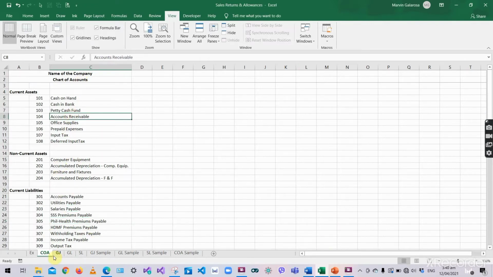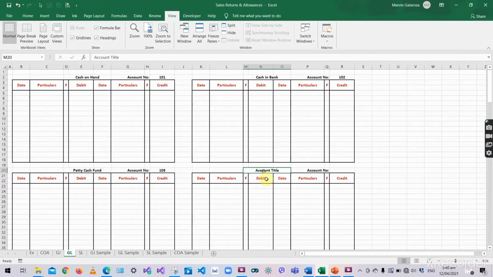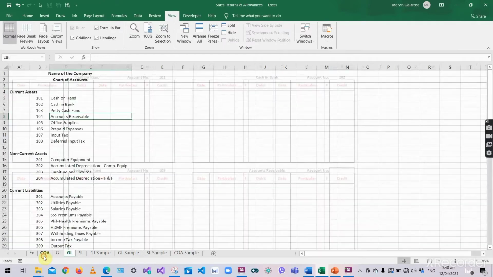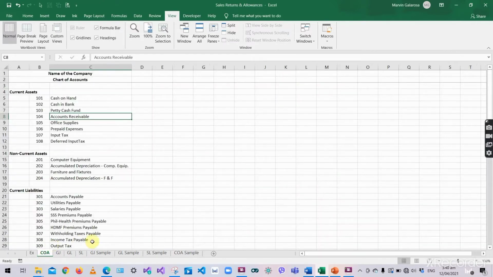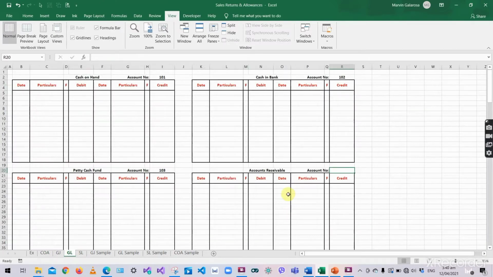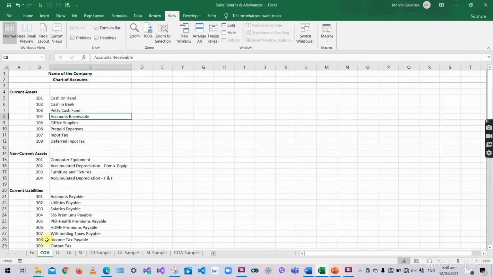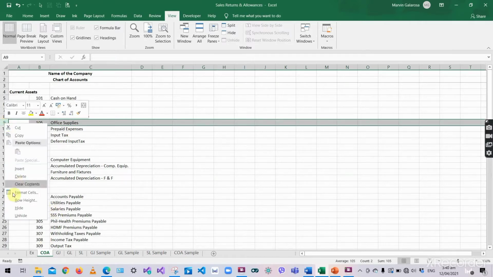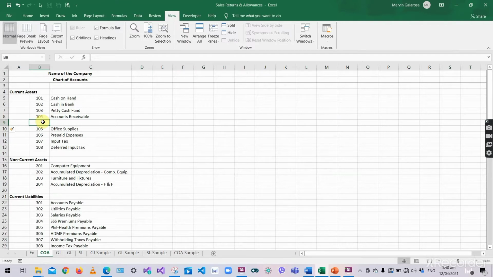Accounts receivable, mag-a-appear yan. Account number 104. Dagdagan natin to, 105. Allowance for doubtful accounts.